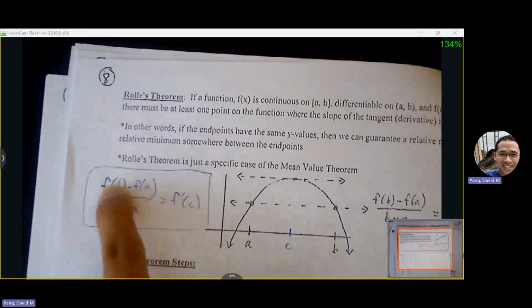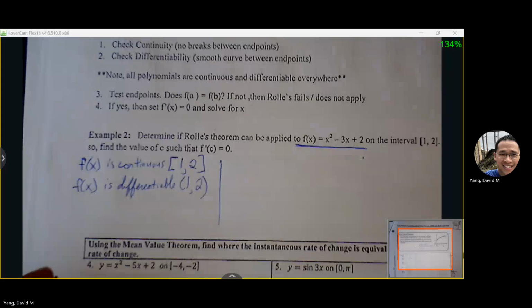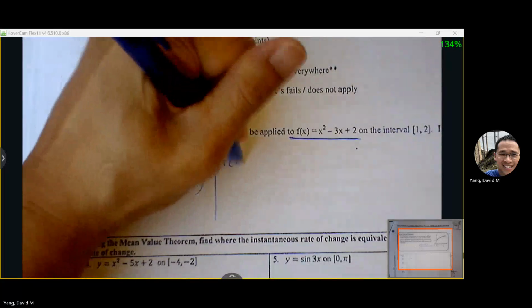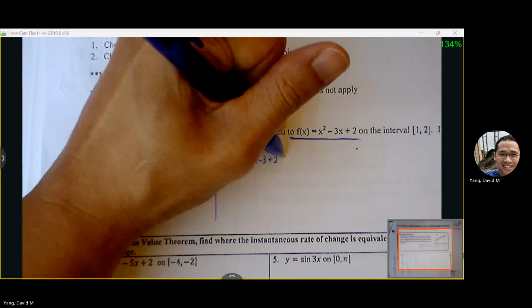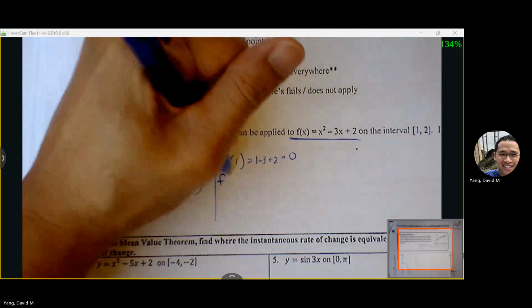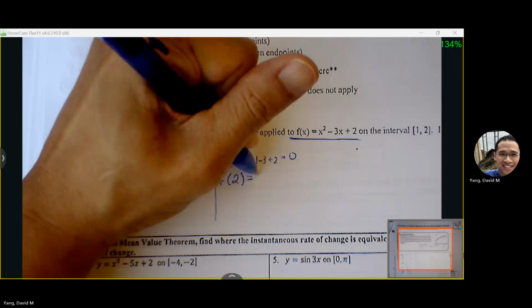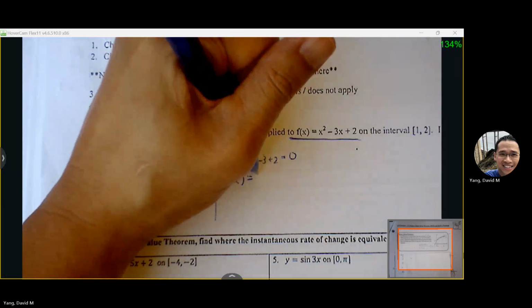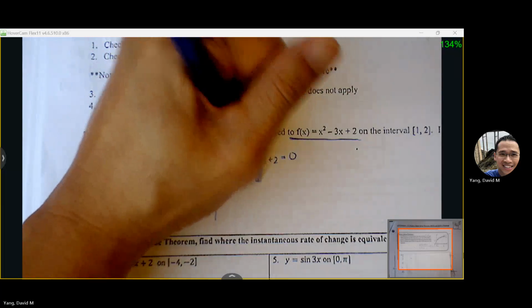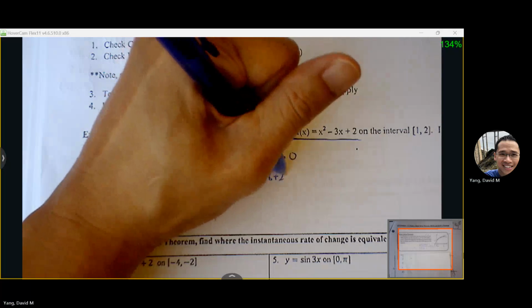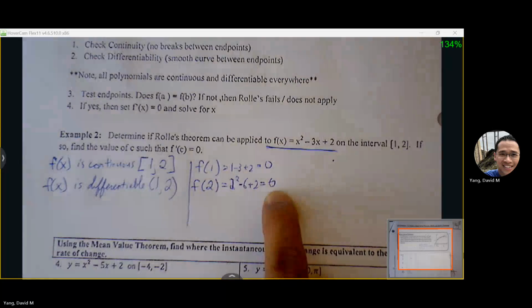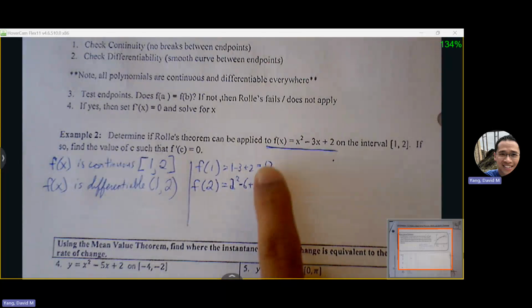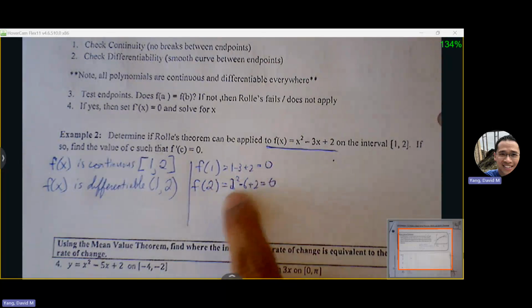Okay, next up, let's find ordered pairs so we can figure out the slope between the endpoints. So I have ordered pairs (1, 0) and (2, 0).